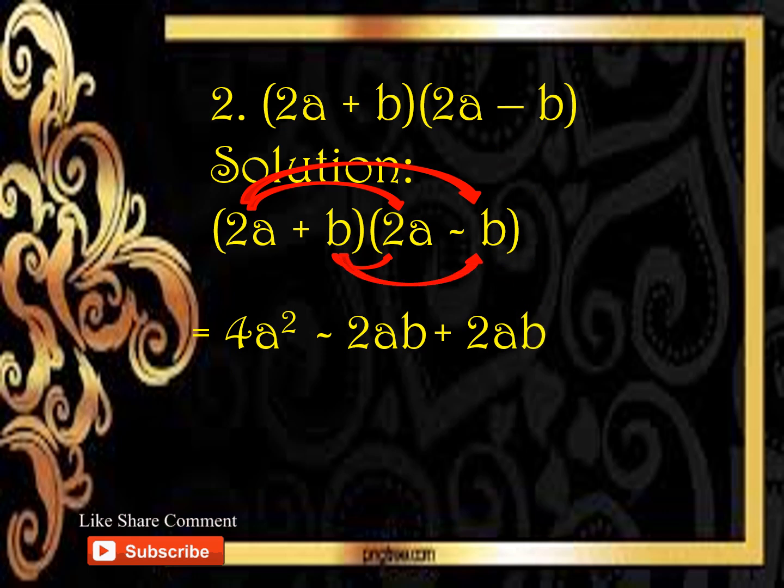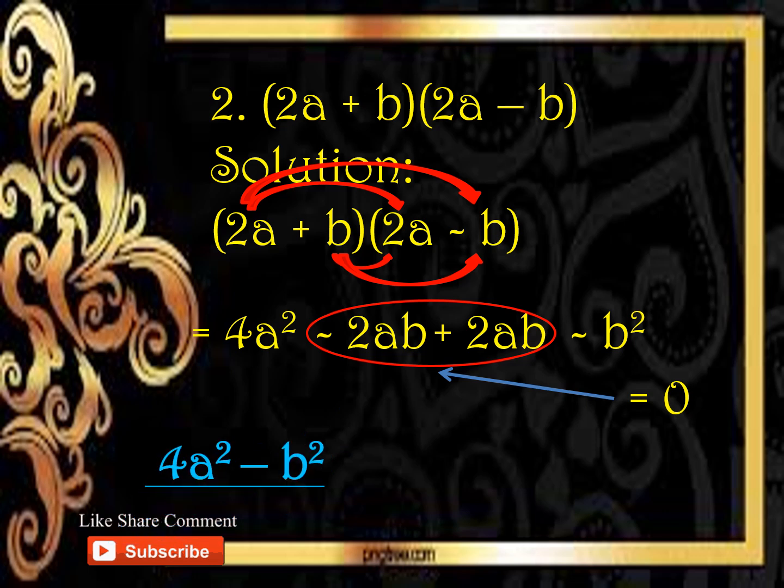And b times negative b is equal to negative b squared. So combine similar terms. Negative 2ab plus 2ab is equal to 0. So our answer is equal to 4a squared minus b squared.